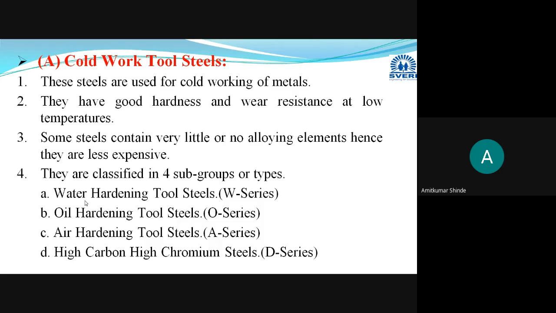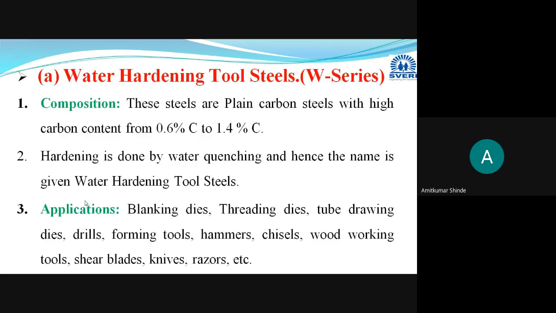First, we will discuss the water hardening tool steel. This is the first type. Whenever you describe any kind of steel, you have to make a habit of writing the description in a definite order or pattern. First you have to write their composition. After the composition, you write their properties.